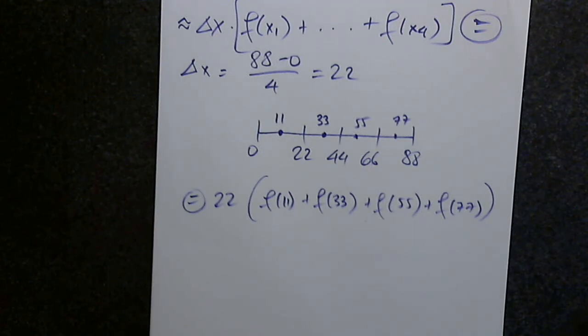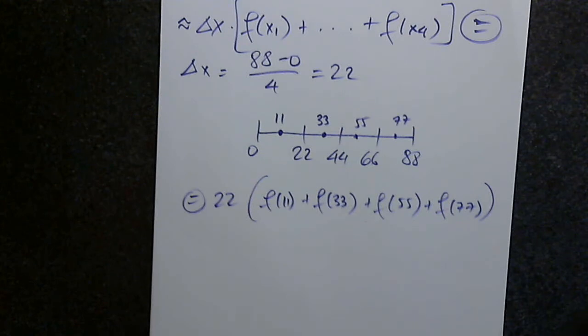And in parentheses, call function y1 evaluated at 11, plus call function y1 evaluated at, no, I'm sorry, the next one was 33, like we did with Newton's method.